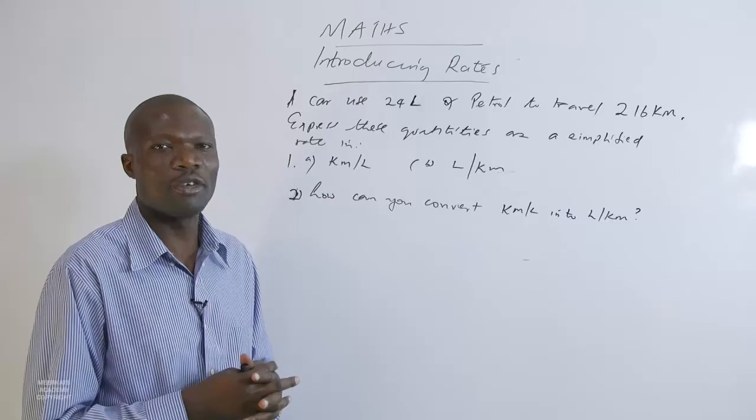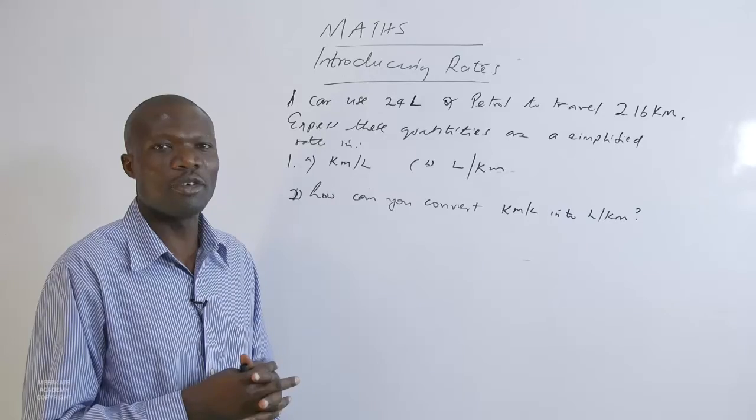I've put a bar here, or you can use a dot because 1 is recurring. So it's 0.1 liters for 1 kilometer. Therefore, our simplified rate is 0.1 liters per kilometer. That is what we get.